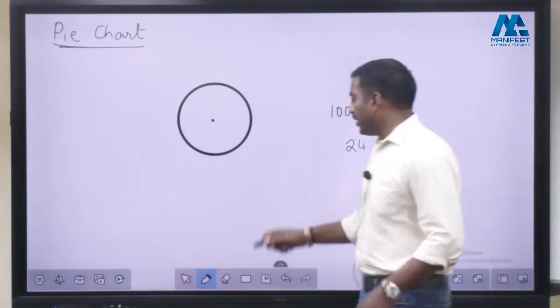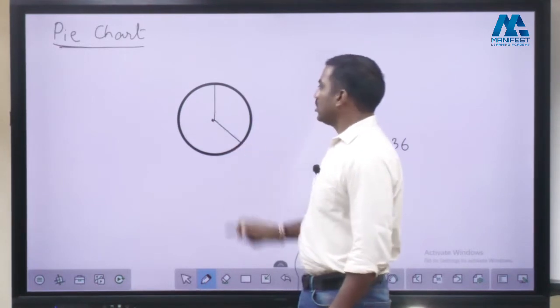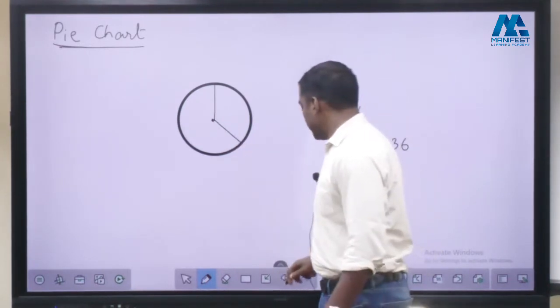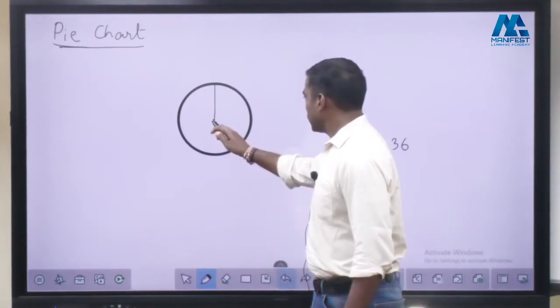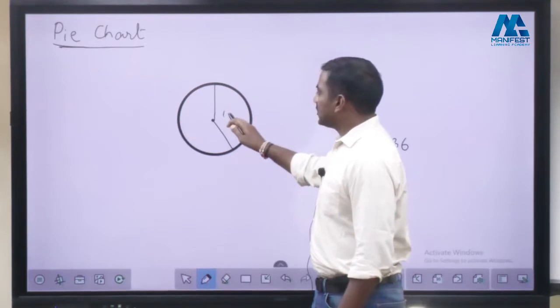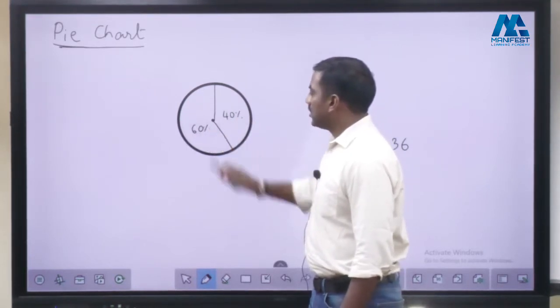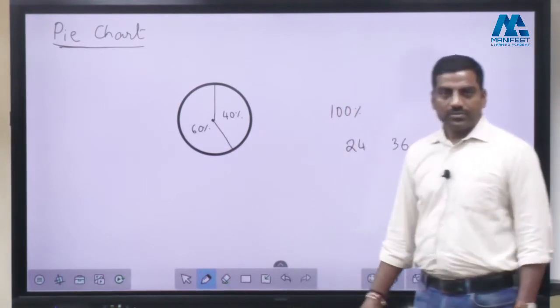So whenever you are trying to represent some 100%, what you can do? So can I say this has 40% and this has 60%? Yes?